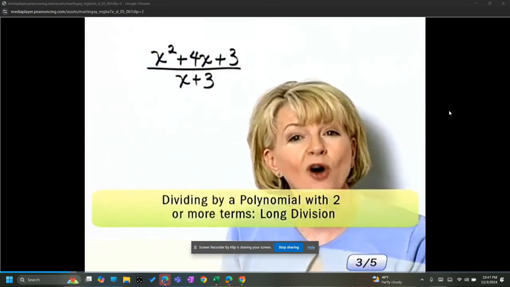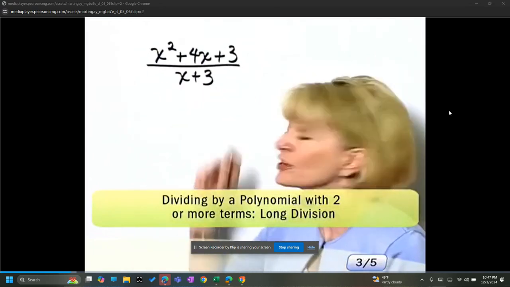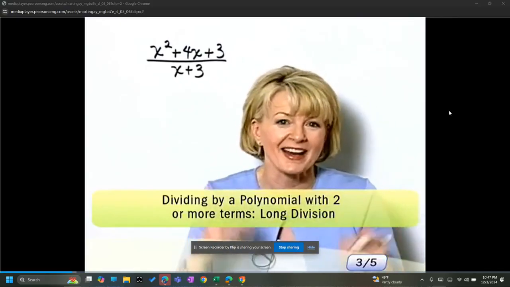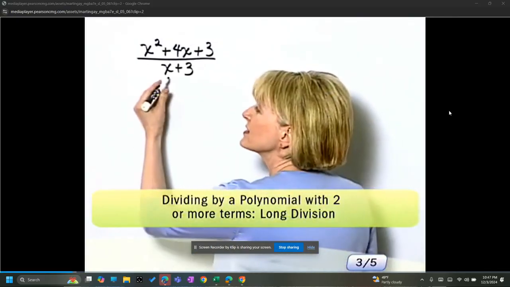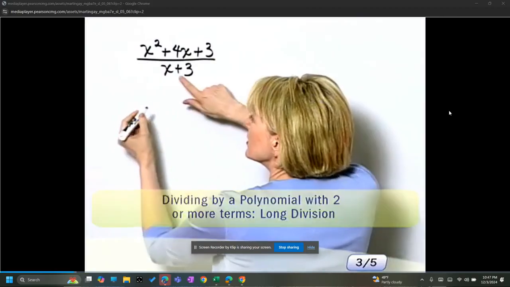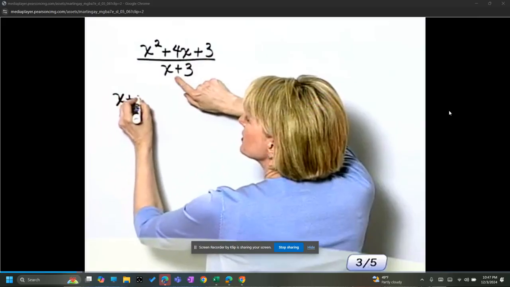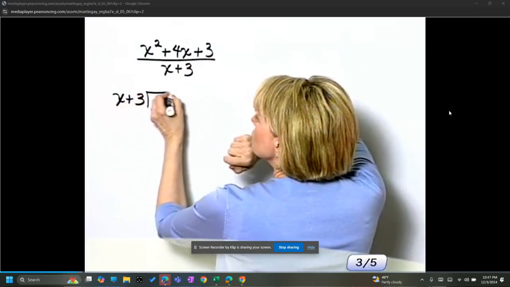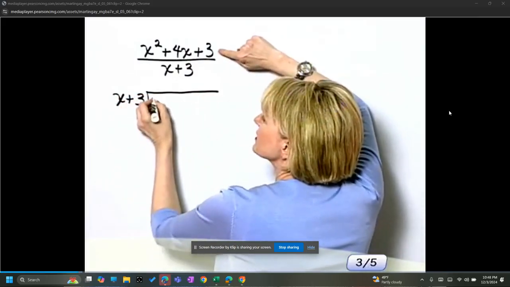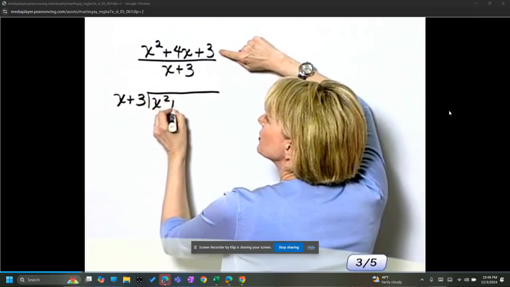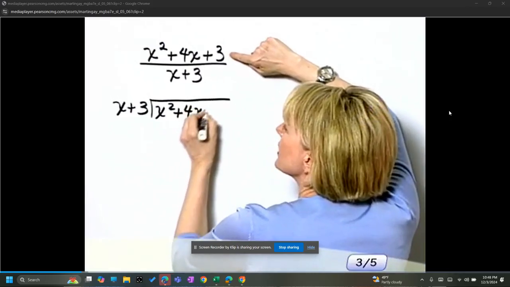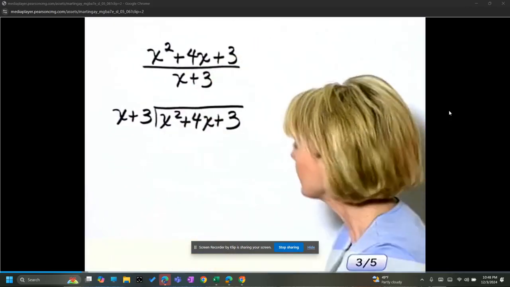That means we will long divide. I'm no longer dividing by one term or a monomial. So let's practice this by long division. This is the divisor, so it's x plus 3 into, this is the dividend, x squared plus 4x plus 3.